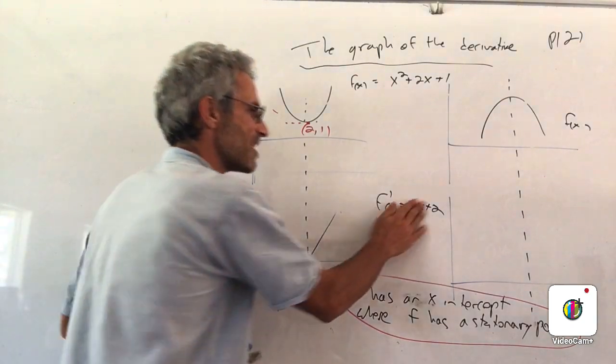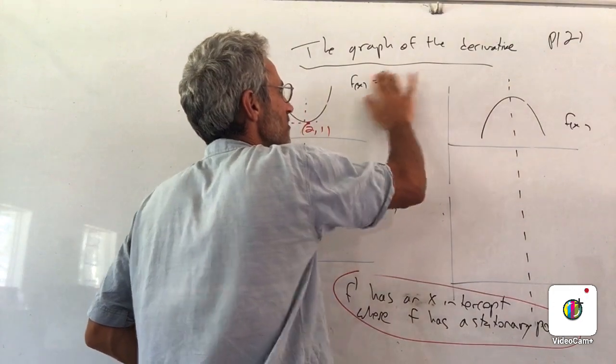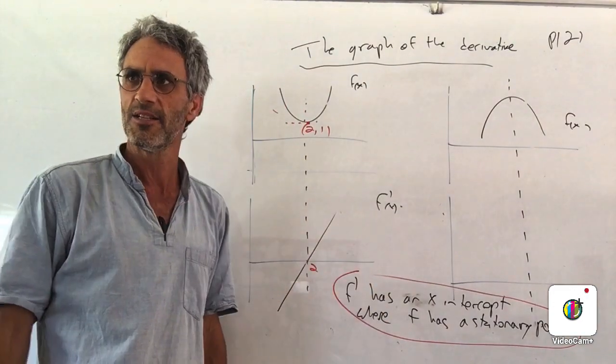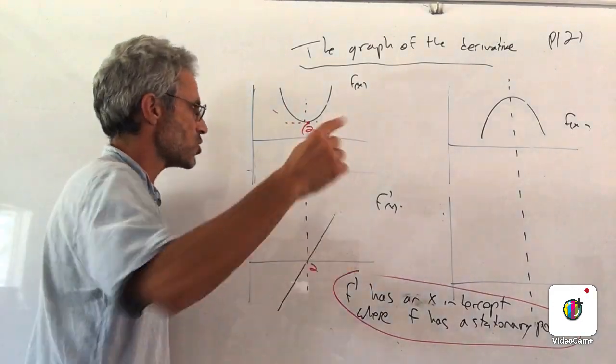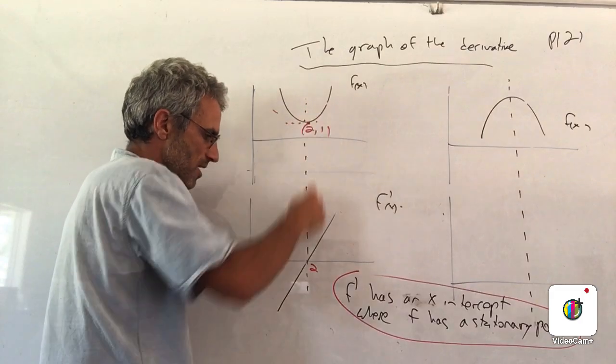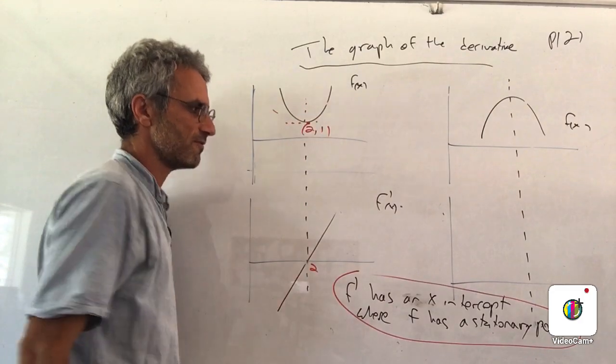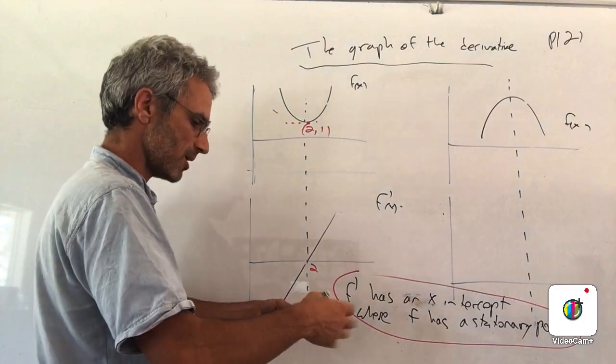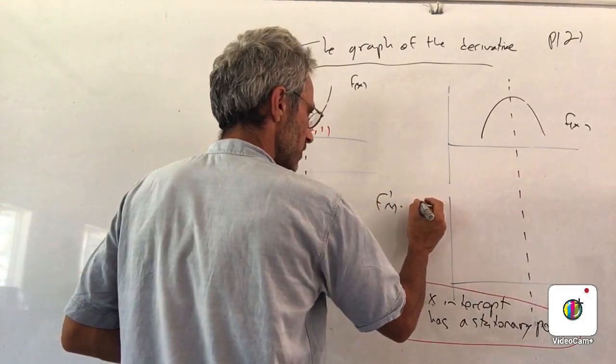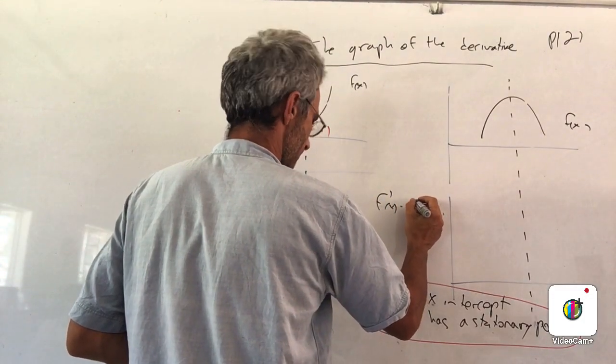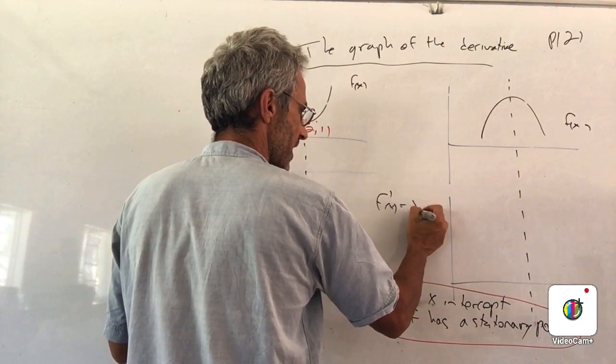So I just made up some kind of function. I'm just going to get rid of it, because I just wanted to give you an idea. But you are right. Wherever the stationary point is, that means that the derivative is 0. Maybe I'm going to give you a number that does work. So, for example, it could be x minus 2.